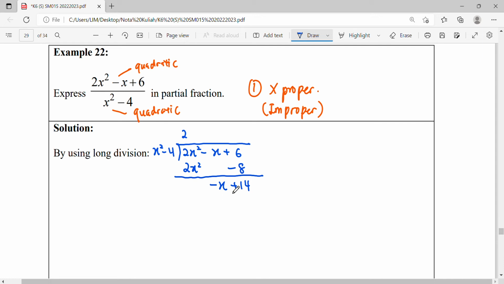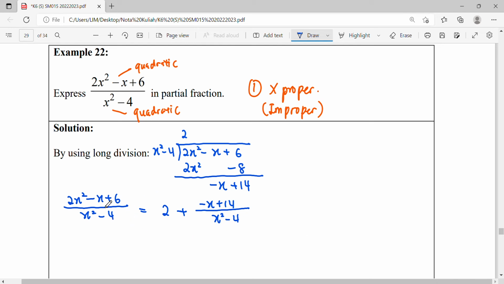Then we write our long division into the answer form, where a polynomial divided by its divisor equals its quotient, which is 2, plus the remainder negative x plus 14 over the divisor. So this is the way to write the result of our long division.